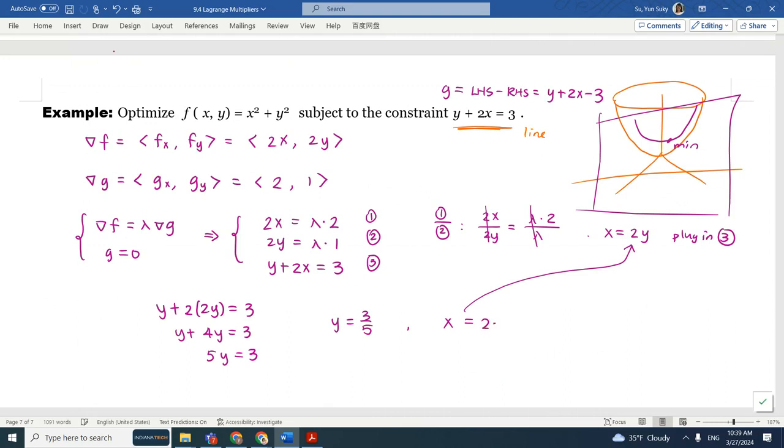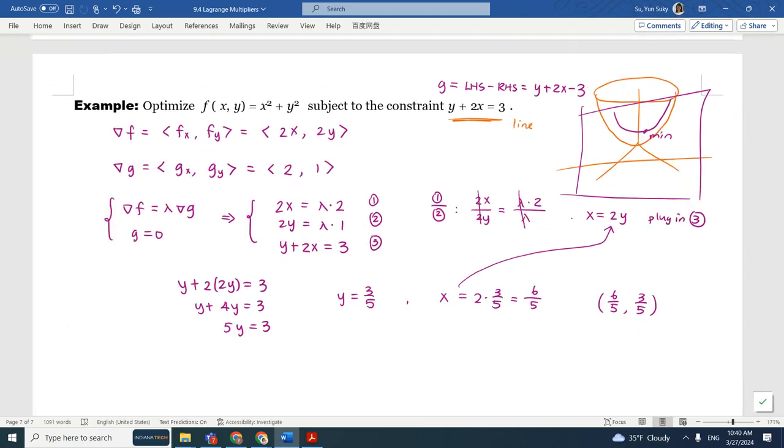What is the x? 2 times y, which is 6 over 5. So our point is x equals 6 over 5, and y is 3 over 5. Everybody, we only have one solution in this case.